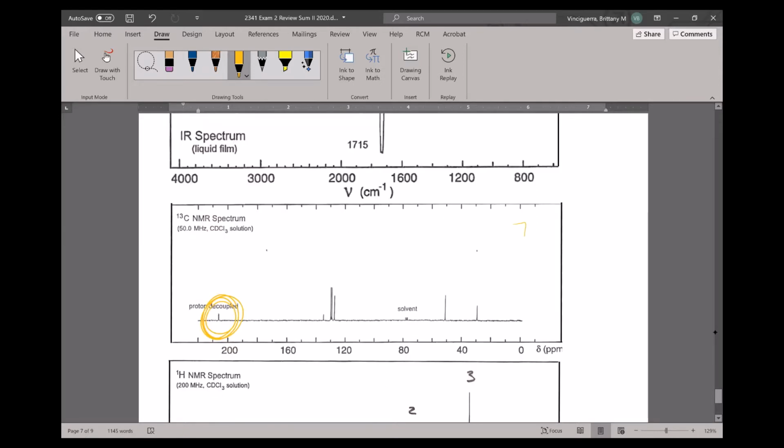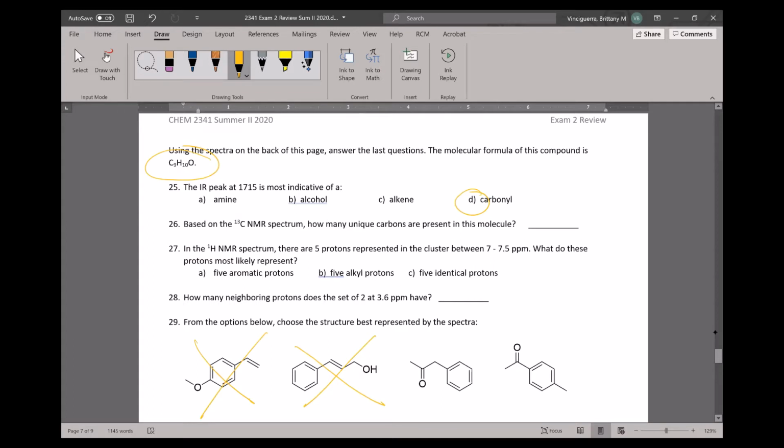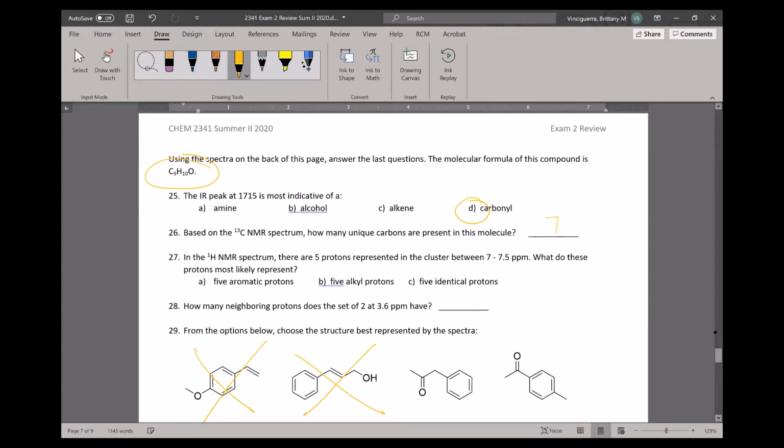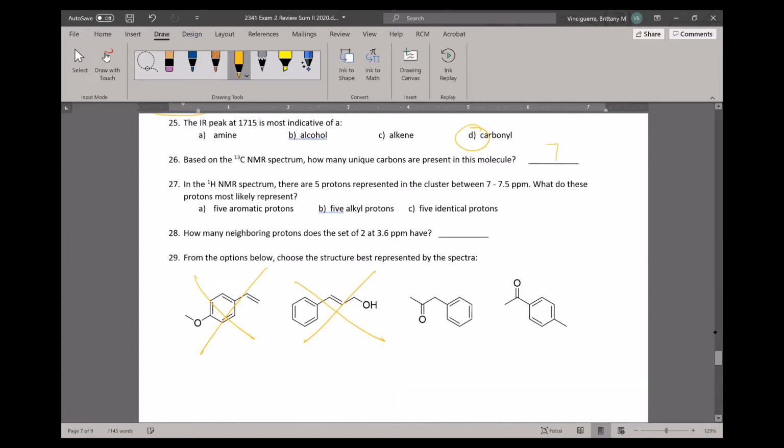So we need to go up here. We have 7 unique carbons. Does that help us narrow down between these by chance? How many unique carbons are in the first structure here? Is there 6 there? Let's see.